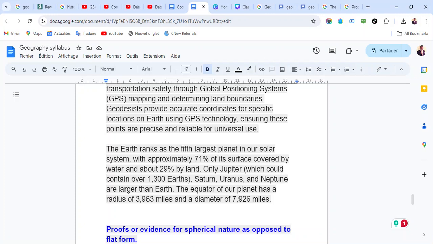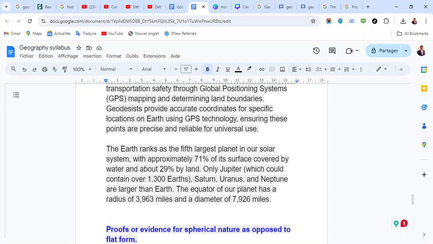So you can actually see from here, water is 71%. I mean, water covers the large majority of the earth, while the land is just 29%. Only Jupiter, which could contain over 1,300 Earths, Saturn, Uranus, and Neptune are larger than Earth.